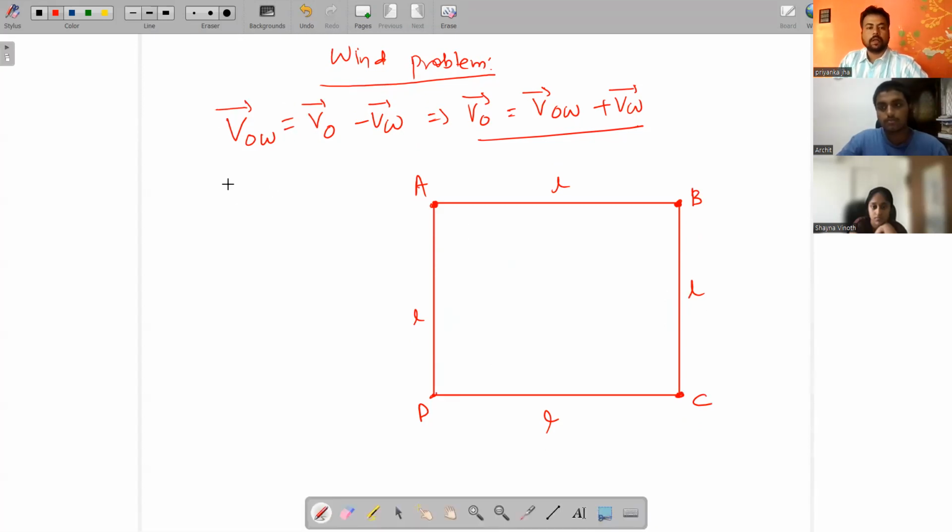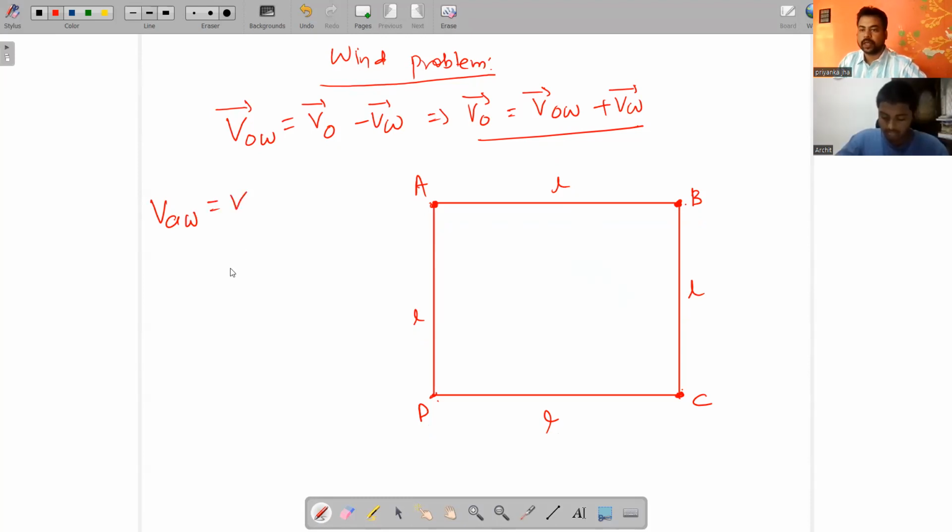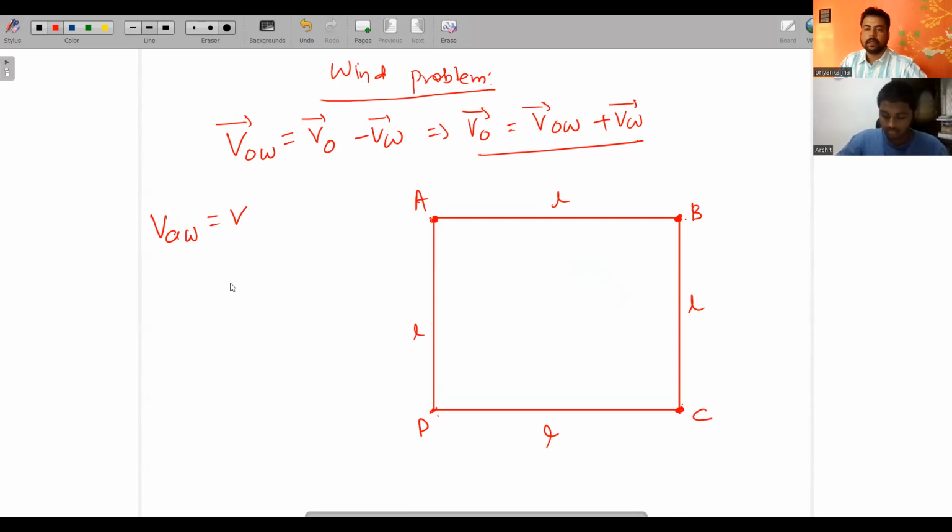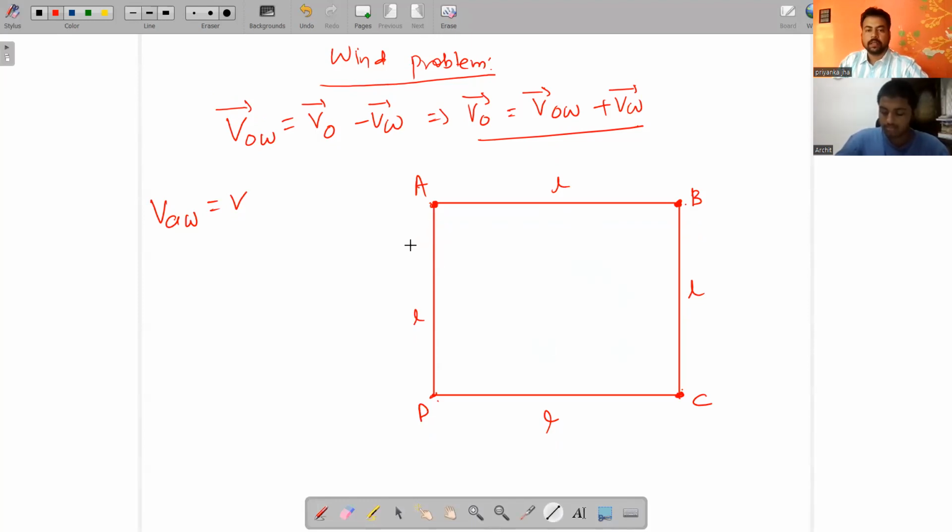Now, suppose there are four towns. An aeroplane is flying from town A to town B, town B to town C, C to town D, and town D to town A. The velocity of the aeroplane with respect to wind is given as v, and the wind is blowing like this, parallel to the line joining town AB and perpendicular to the line joining BC.